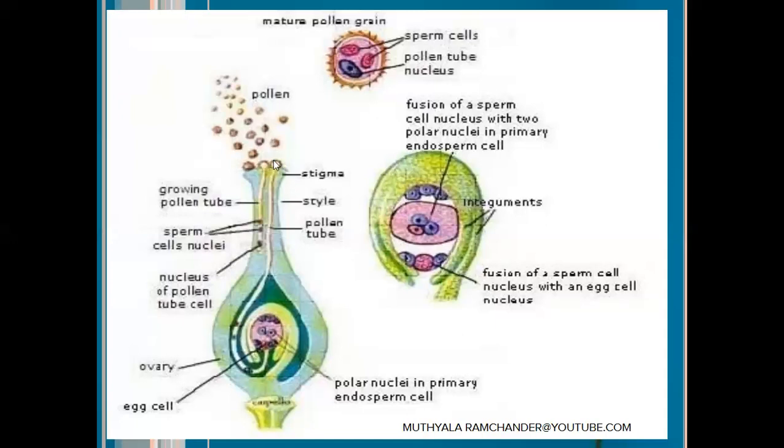On this stigma, different species of pollen grains are already deposited by the pollination mechanism. From all these types of pollen grains, only the same species of pollen grains germinate, and the remaining species of pollen grains disappear or degenerate. This process is called pollen pistil interaction.